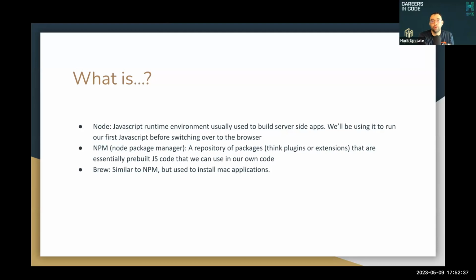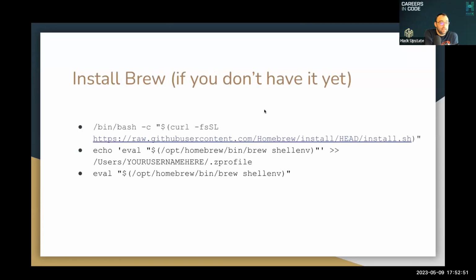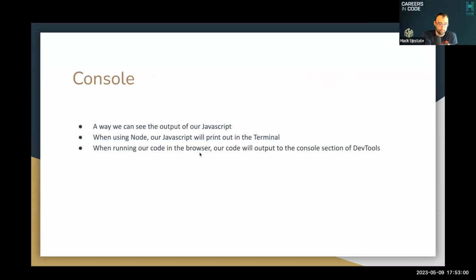This is a review that we already went over, thanks to Eva asking. NPM is what we will be getting into later, but Node and Brew, two things that we already went over. We did the Brew install step, and then the steps that it took to get our terminal to recognize that we installed Brew.